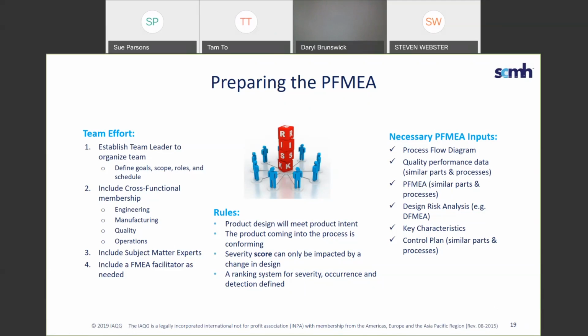When you score severity, it can only be changed by a design change. So severity score can only be impacted by a design change. And you want to have a defined ranking system for your severity, occurrence, and detection. You want to stabilize on one system and use that throughout your process, throughout the organization. That way you are using a common scale.